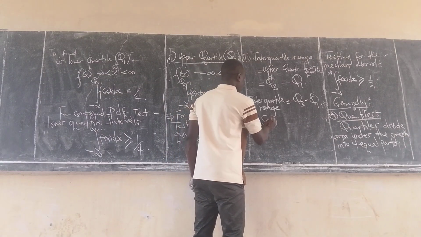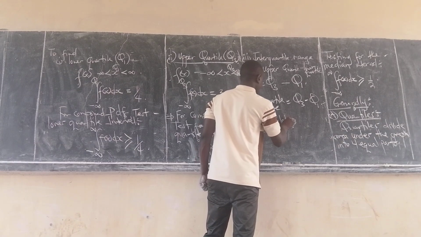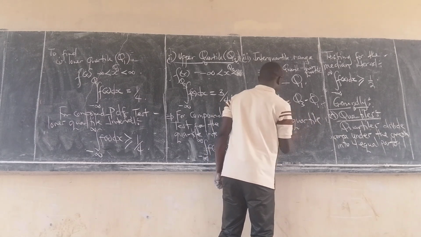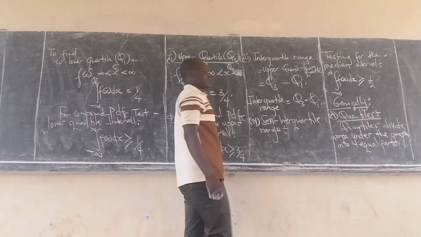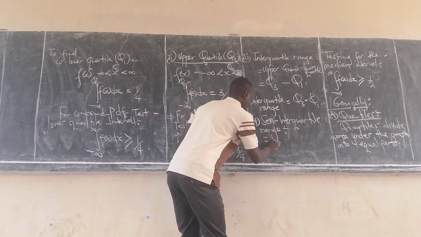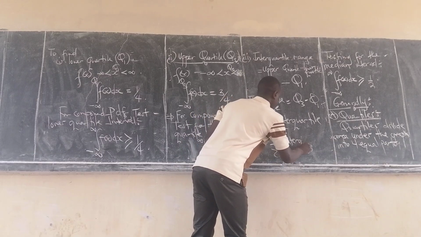Now, Roman 4, still under quartiles, they may ask us to find the semi-interquartile range. If they want us to find the semi-interquartile range, then we get half of the interquartile range.